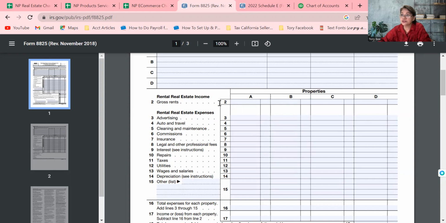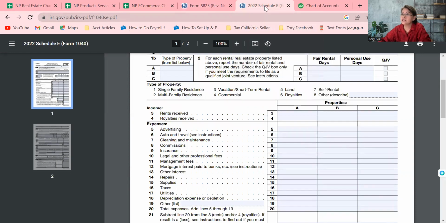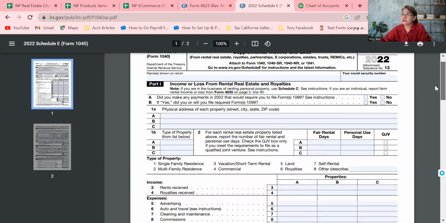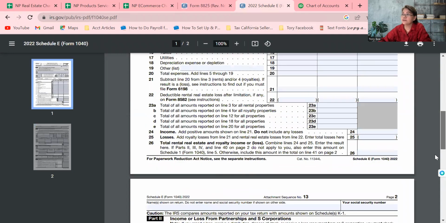Line 2, gross rent, is where we report the income. From advertising down, this is also where they report the deductible expenses from real estate activities. And Schedule E is also what you attach to your 1040.